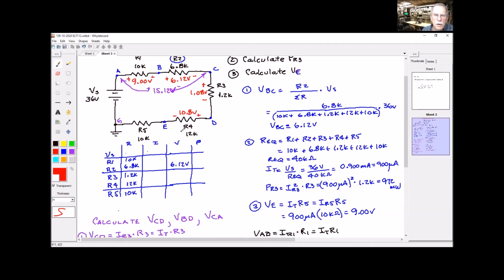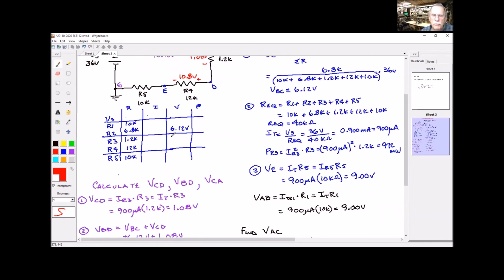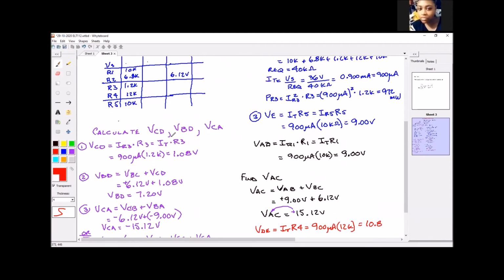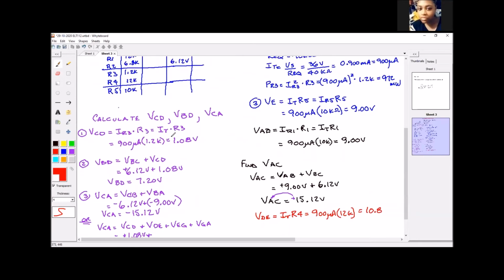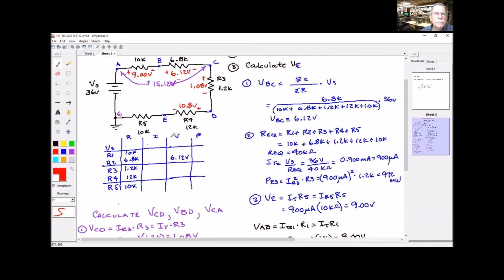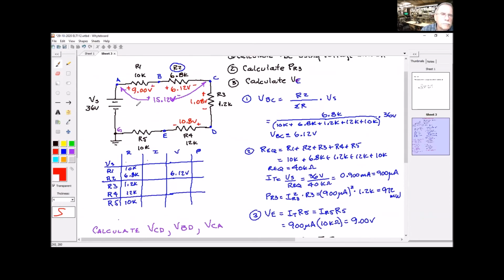And while we're at it, we might as well put in VE, which we figured out before to be 9 volts. And again, current goes in on the right, leaves on the left.